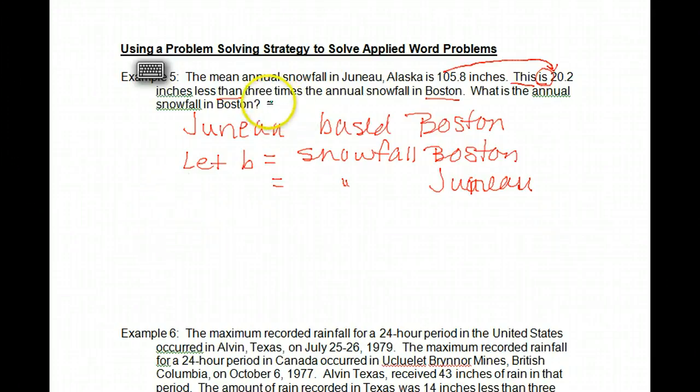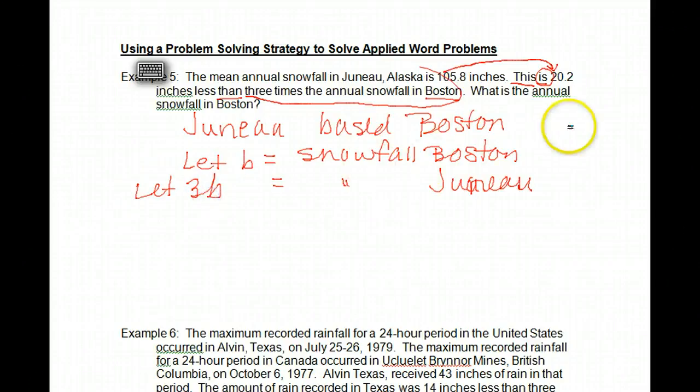So it tells us, let's start with the 3 times the snowfall in Boston. So we have 3B, and then we have 20 less than that, minus 20.2.